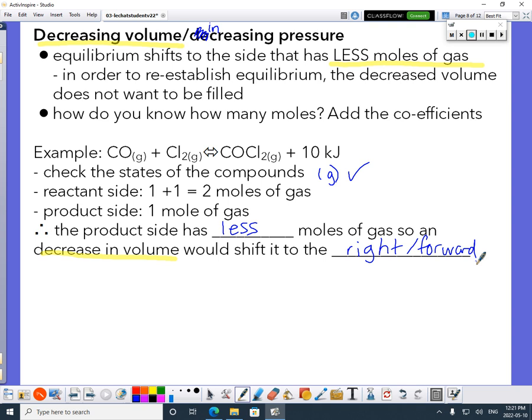Generally speaking, a question like that is kind of a trick. Why would I give that to you if I wanted you to list ways and you can't even use pressure or volume? Usually, if I want you to use pressure and volume as one of the stressors, then one of the sides will have more moles and one of the sides will have less.